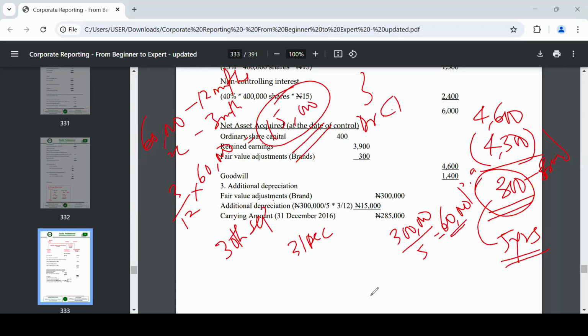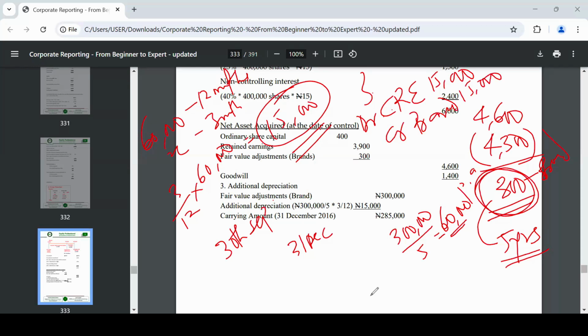So my consolidated retained earnings would carry this additional expense of 15,000, while I am going to reduce my assets. Which asset now? Brand. I will reduce it by 15,000.